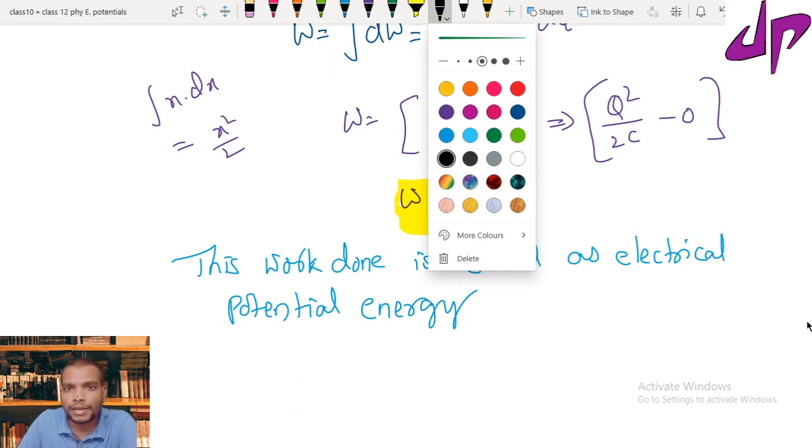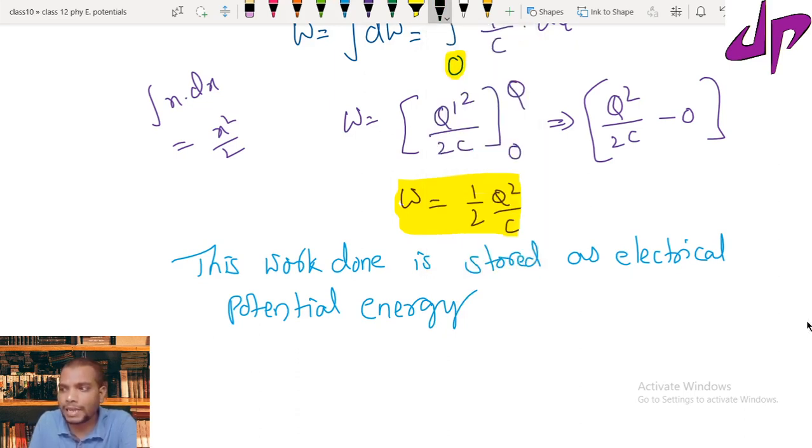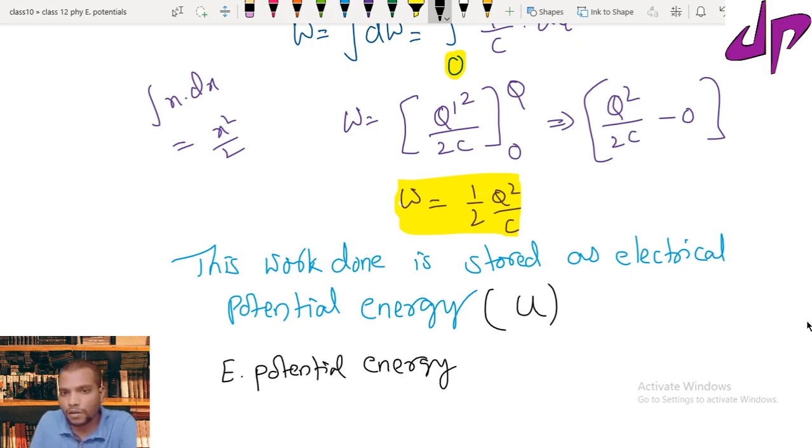So I can write that electrical potential energy with the symbol capital U. Therefore, electrical potential energy U equals half Q square by C.